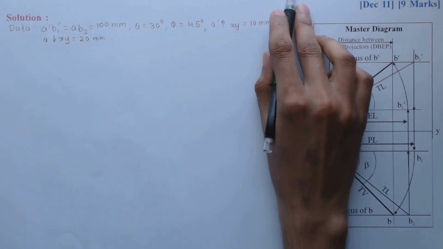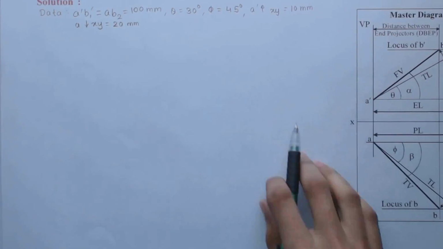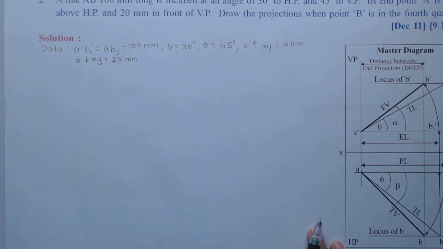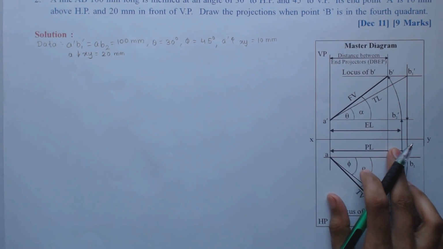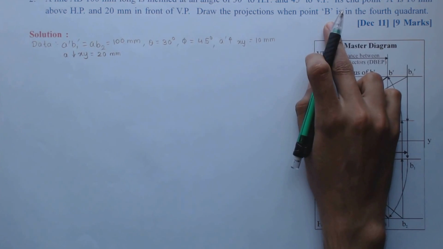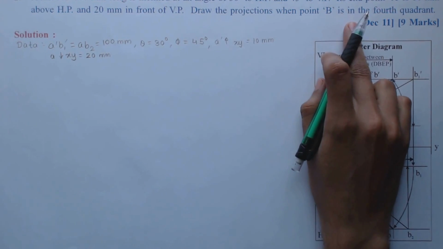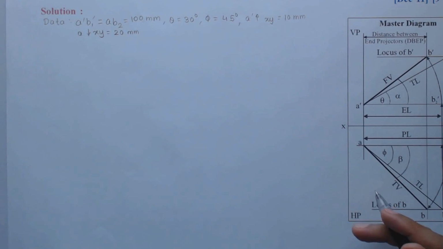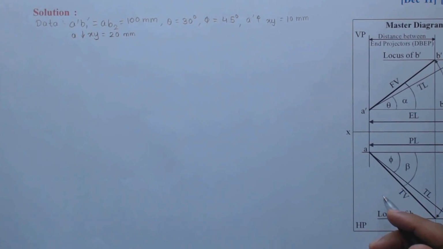Draw the projections when the point B is in the fourth quadrant. Now here we need to be careful because the master diagram is drawn when the point B is in the first quadrant. Now as we know, if the point is in the fourth quadrant, both its front view and top view will lie below the XY line.